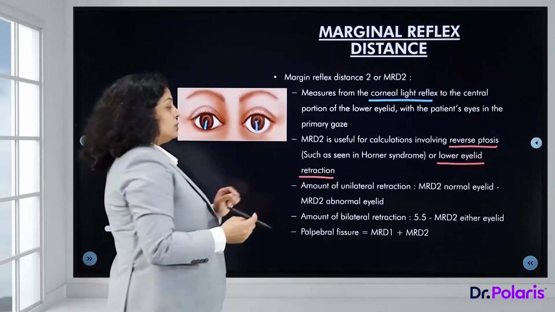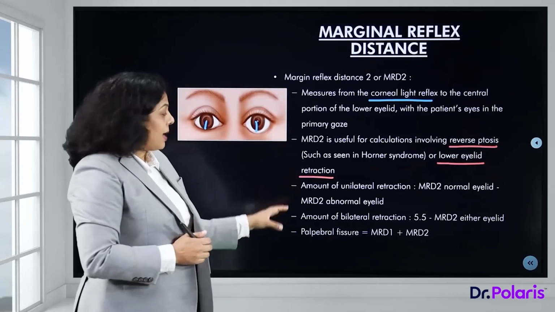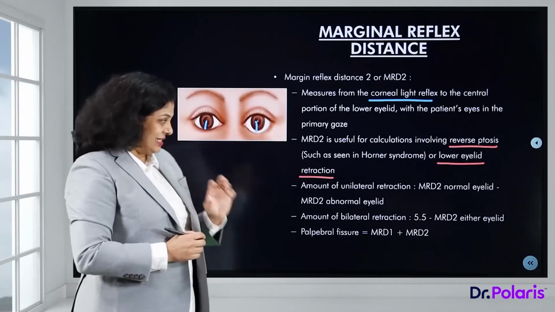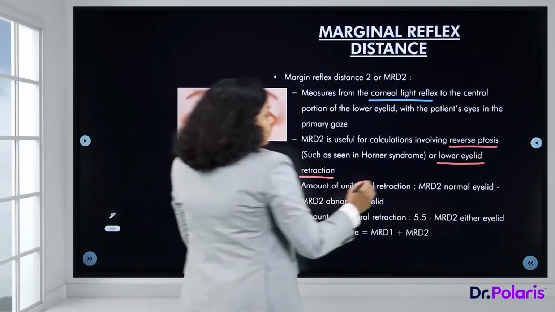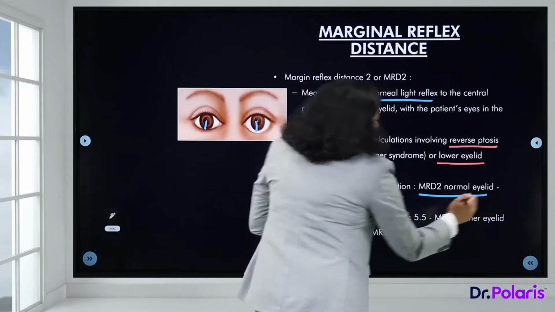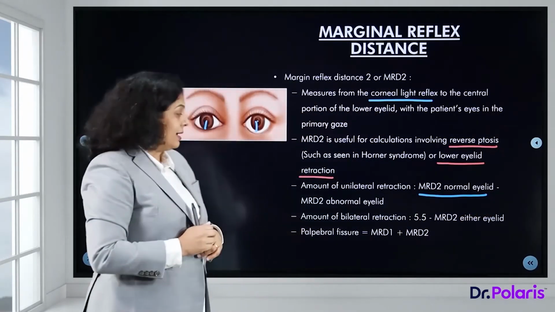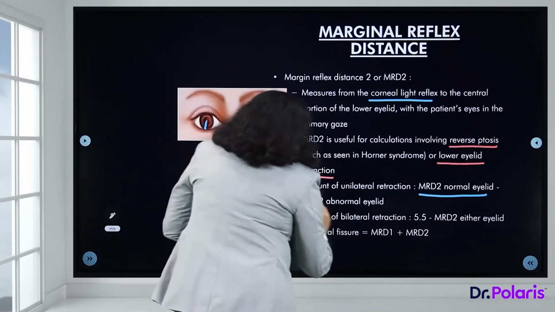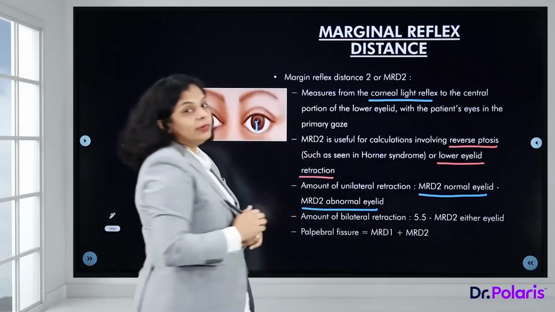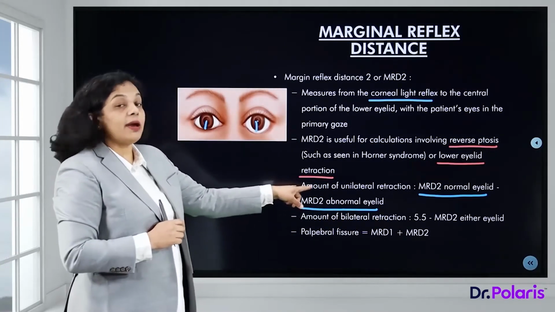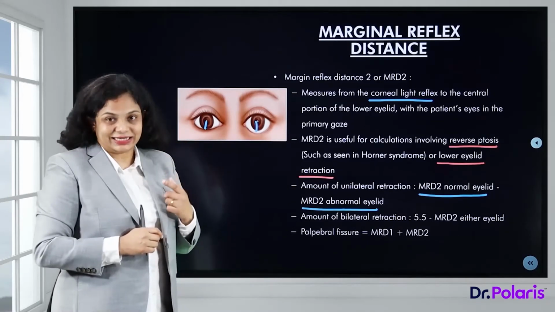Now, suppose you want to measure the amount of unilateral retraction. What will you do? You will do the MRD2 of the normal eyelid minus the MRD2 of the abnormal eyelid. This will give you the amount of unilateral retraction.